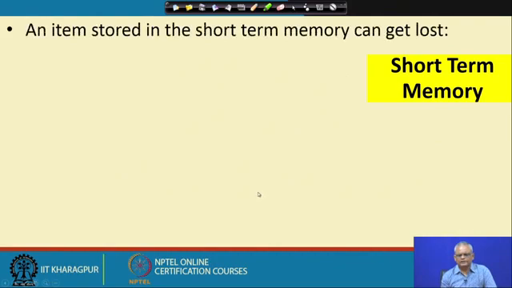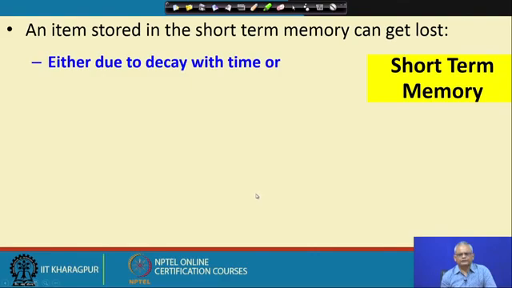But then what exactly is the short term memory, what can it store, how long? Let us look at it. An item stored in a short term memory gets lost with time, maybe several seconds, minutes or hour.